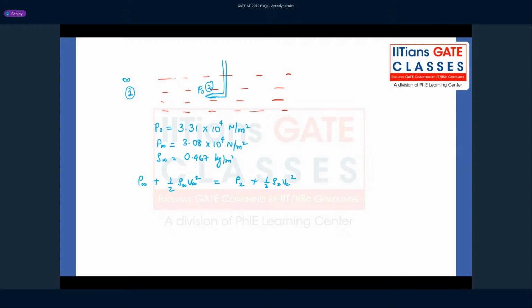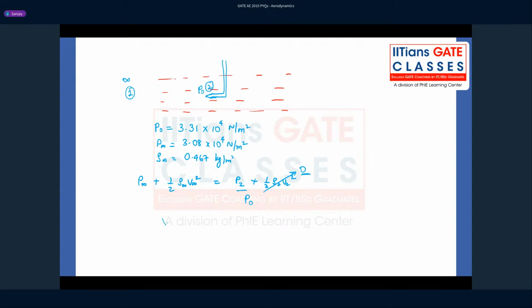Okay. So assume they are at equal height. So the head is negligible. Okay. Now you see at point 2, the flow is going to stagnate, right? So V2 is going to be 0. So the dynamic pressure for the second point is going to be 0. So whatever pressure is there is going to be the stagnation pressure, which is P naught. Okay. And this is measured by the Pitot probe.